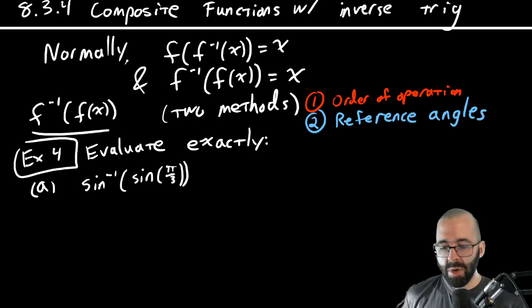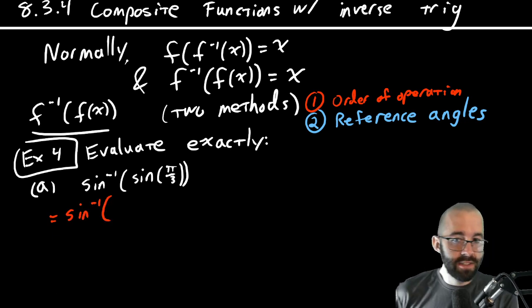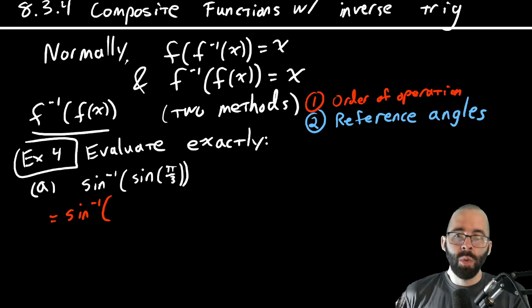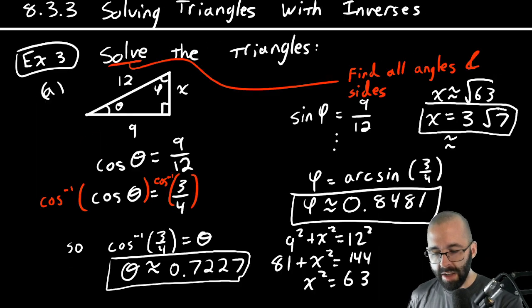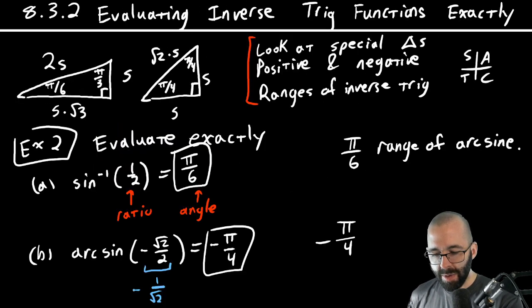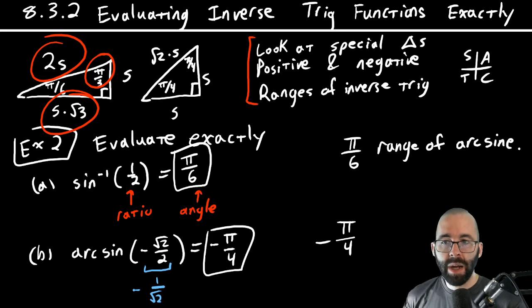So if we do order of operations, we say, okay, let's just start on the inside. Parentheses, PEMDAS. Parentheses is the first thing. Let's start in the middle. What is the sine of pi over 3? Let's look to our special triangles, wherever they are. How far do I have to go to find pi over 3? What's the sine? Opposite of pi over 3 divided by hypotenuse.